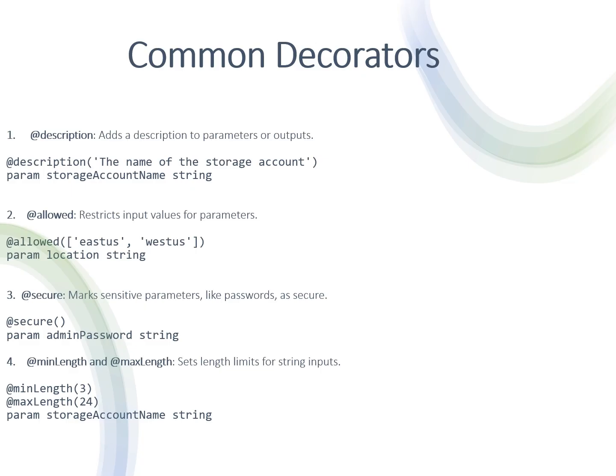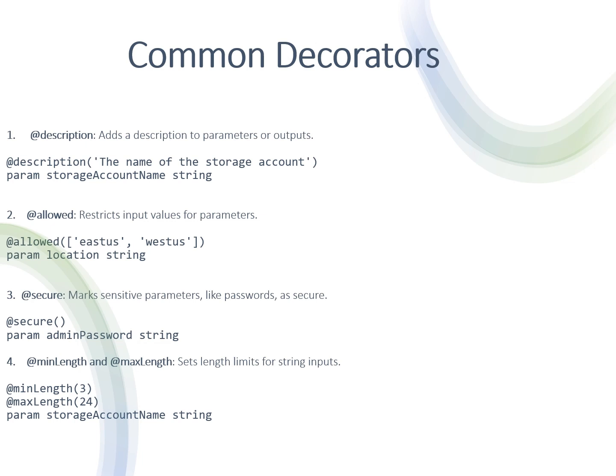Now let's consider some common decorators. We have the description decorator that adds information about parameters or outputs. Here we have an example, storage account name with a description decorator, which simply says the name of the storage account. So what this tells us is that the parameter storage account name is simply the name of the storage account.